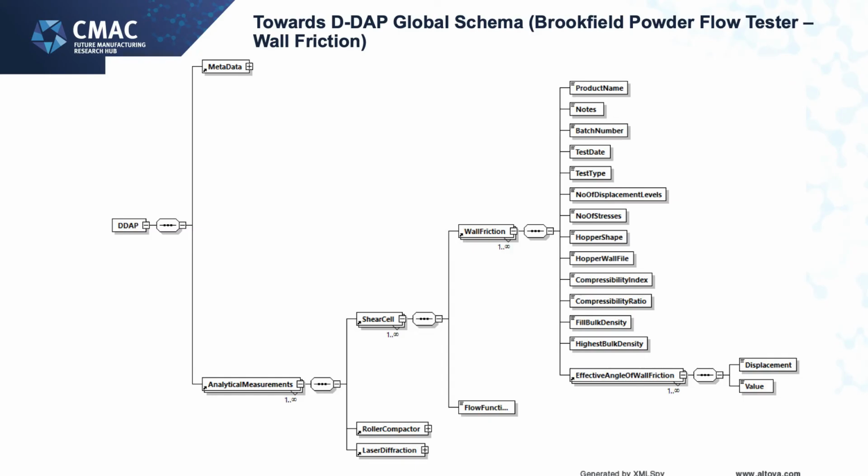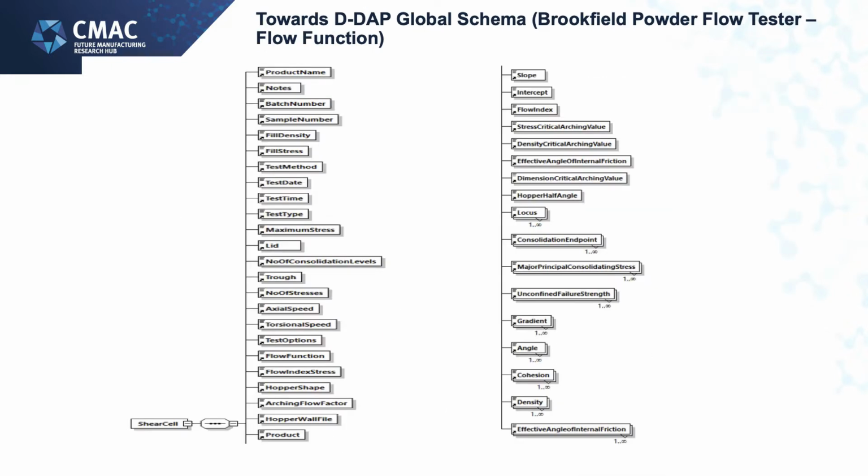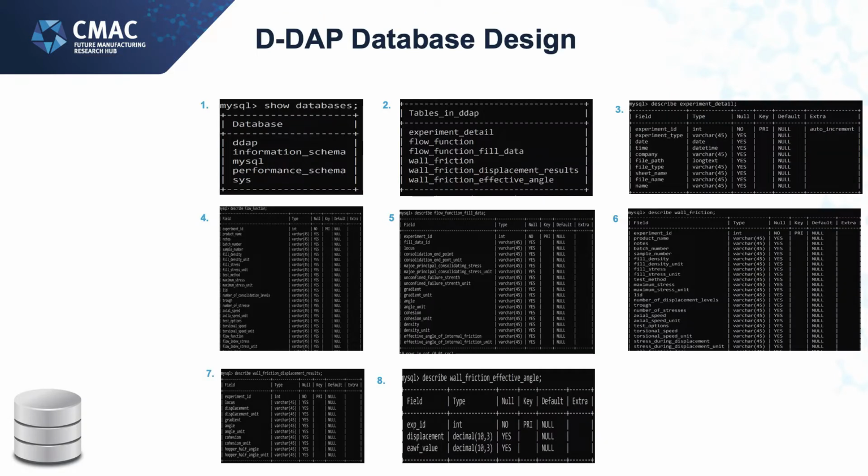And here you can see the details of the global schema for wall friction. This is coming from flow function. So now we are working on extending our database so that we can have more and more instruments.